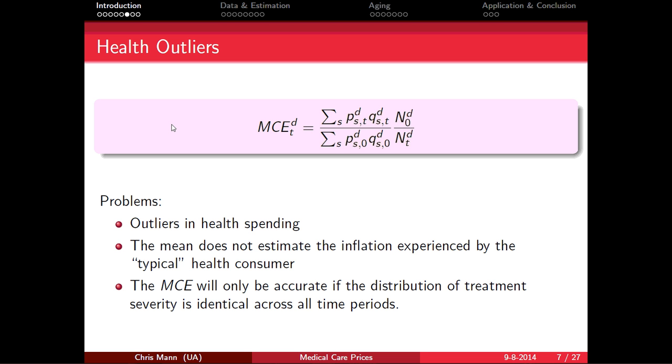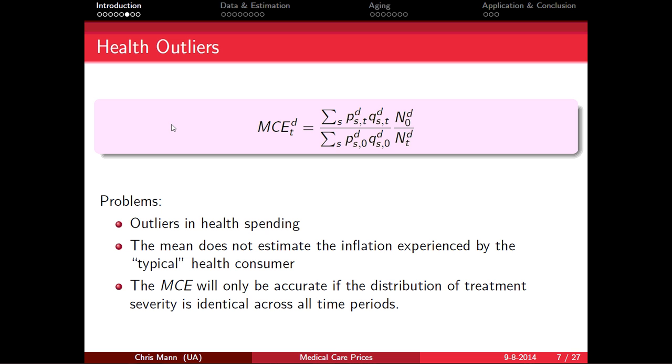So the cost for just taking a few medications, for taking just a few pills, is going to be growing at a different rate than the inflation rate for, say, a stay at the hospital or surgery, right? And so what's going to happen is this means that the mean is not going to estimate the inflation rate experienced by the typical consumer, right?